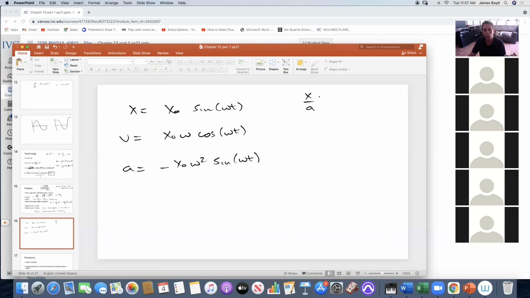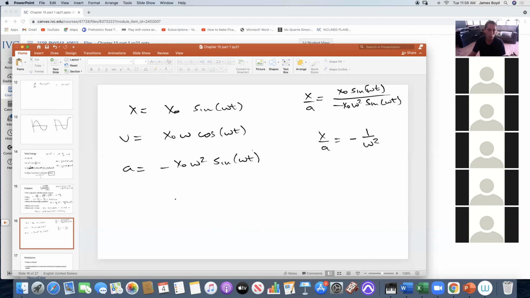We would get X naught sine omega t over negative X naught omega squared sine omega t, which means X over A is negative 1 over omega squared. So if you were given these two at the same time, you could use them to find omega.